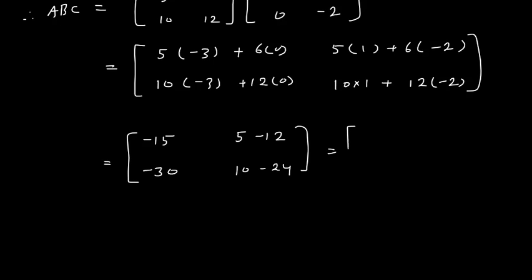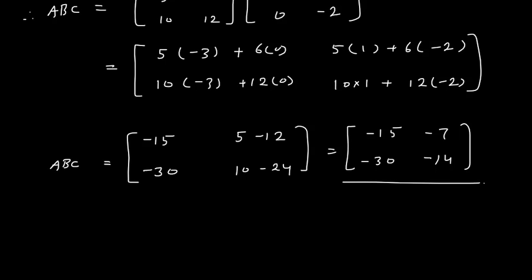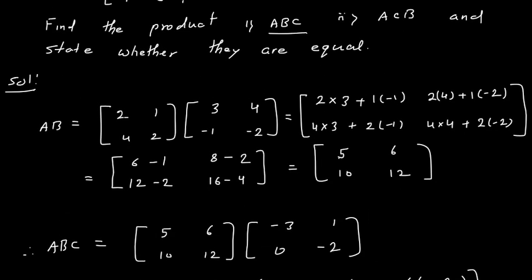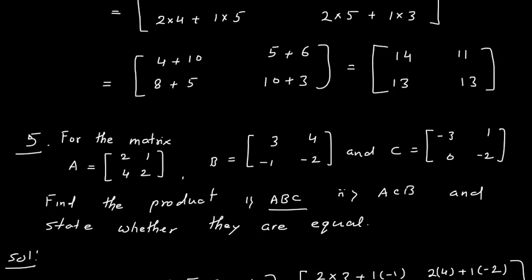So this is equals to minus 15, 5 minus 12 is minus 7, minus 30, 10 minus 24 is minus 14. So now this is the value of ABC. Okay, this is the value of ABC. So we got ABC. Now next we have to find ACB.